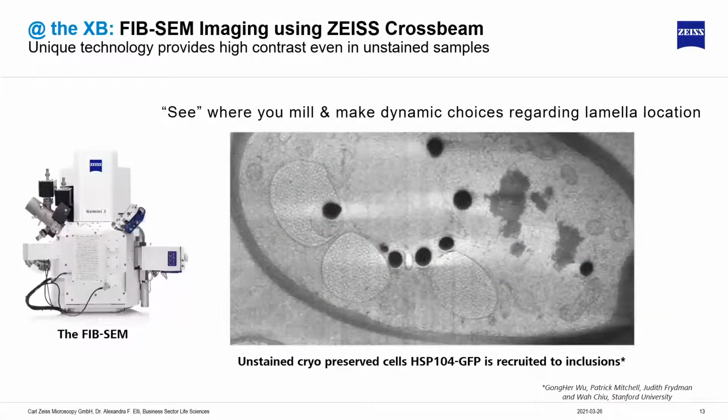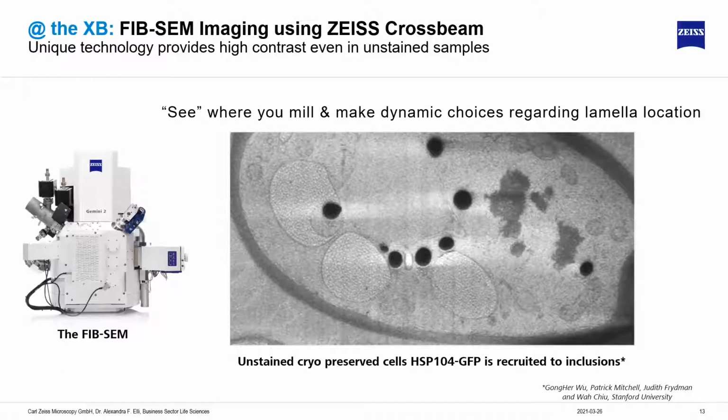So ZEISS crossbeams are designed to give highest usability and best contrast images. Imaging cryo samples demands low acceleration voltages to avoid charging, and usually this reduces the contrast to see the ultrastructure of cells and tissues.